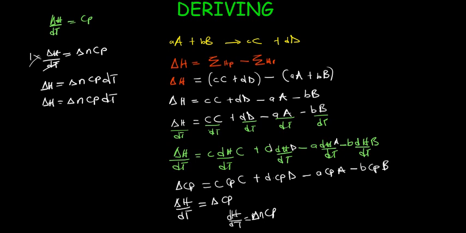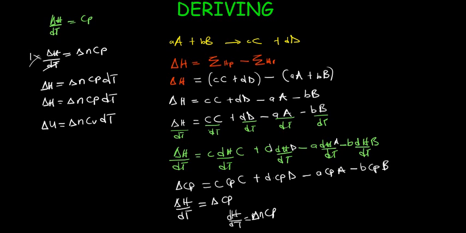Okay, similarly, if I have now in terms of volume, I'll say change in internal energy is equal to change in number of moles, then Cv, then dT. So these are what we call Kirchhoff's equations.